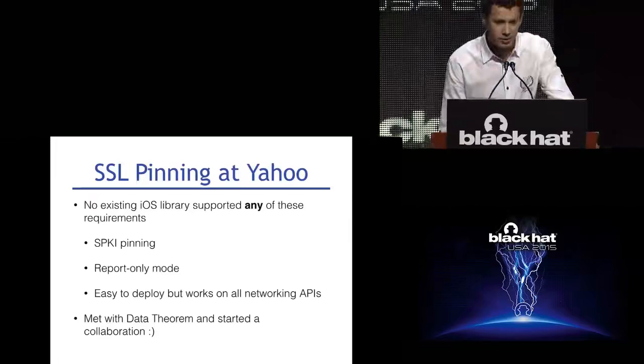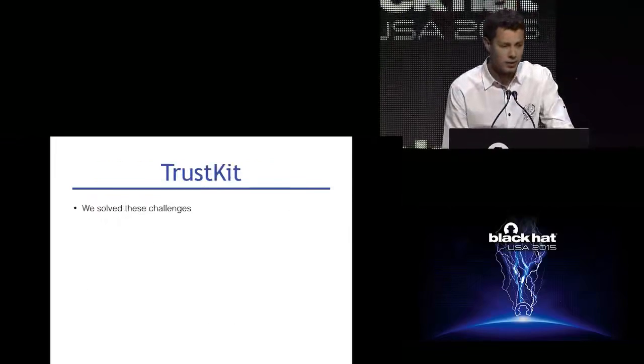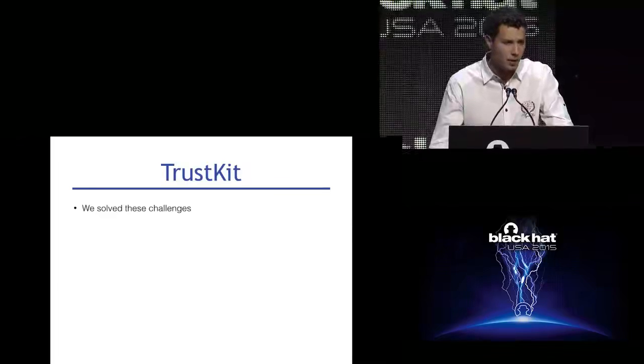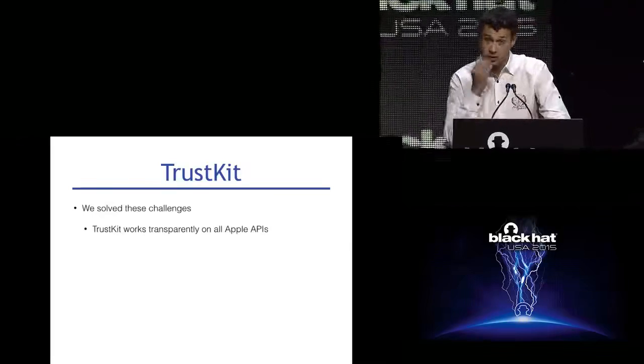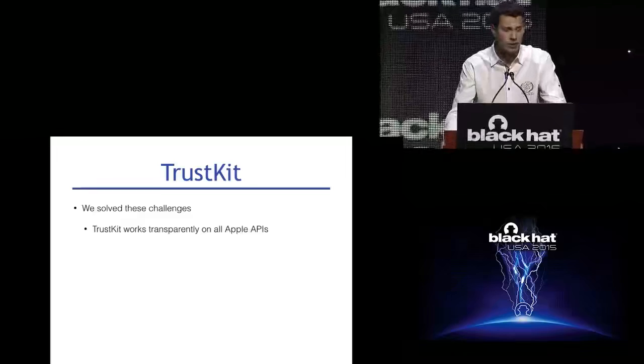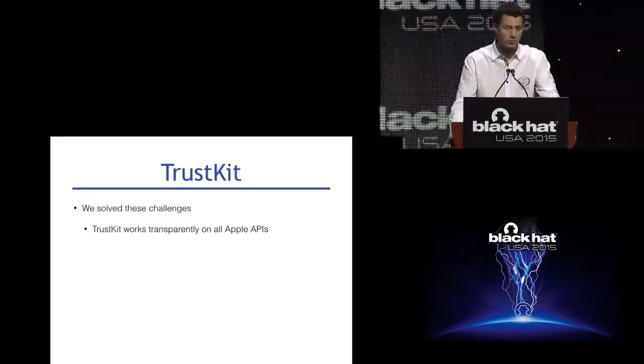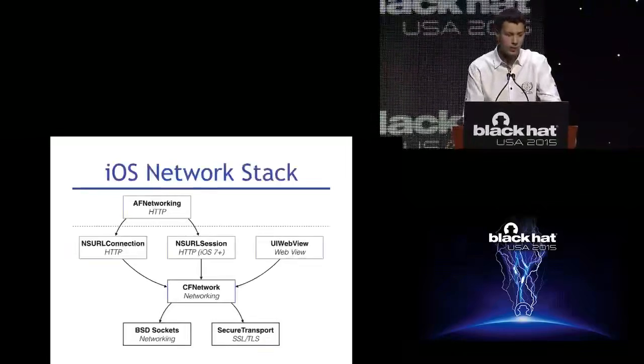Thanks, Angela. So yes, we started collaborating, and all in all, we basically solved all these challenges. One thing was having a library that works on all your network connections, on all the APIs. And we have that because of the way we did it.